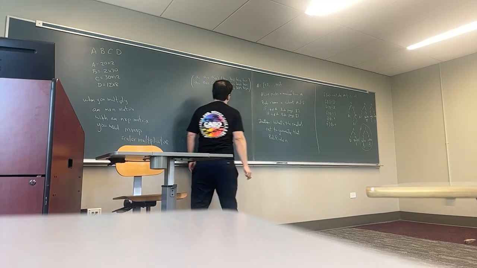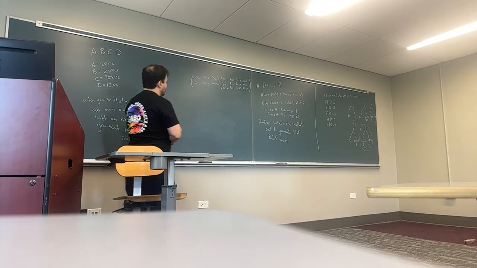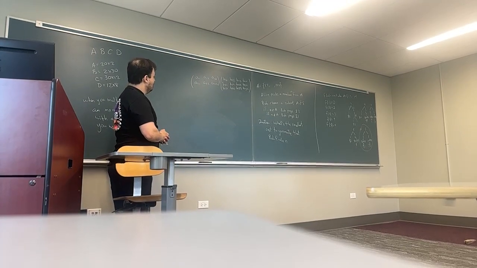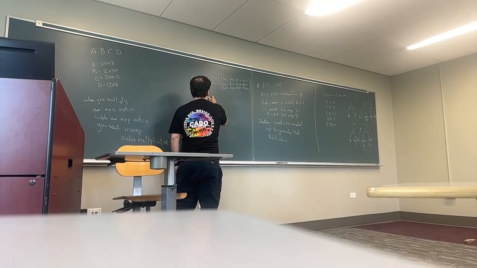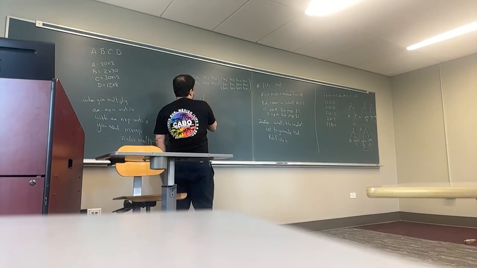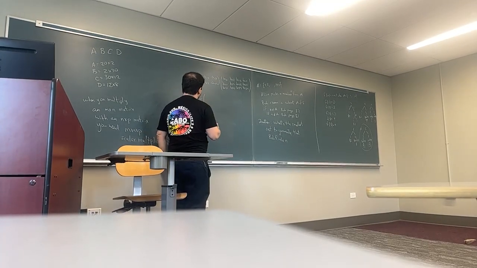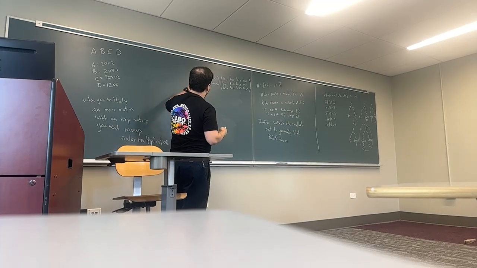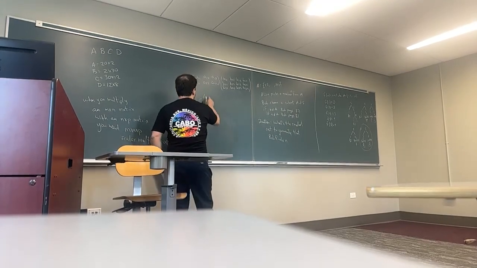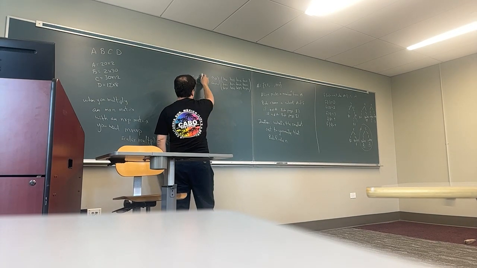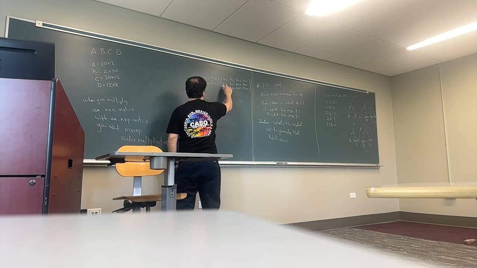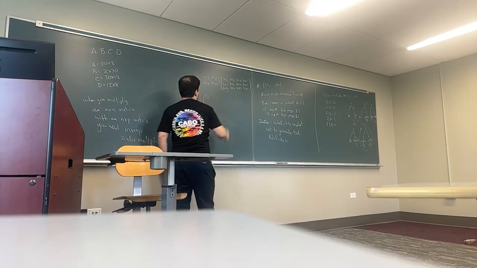Okay, so 3 by 4. So when you multiply this, you're going to get a 2 by 4 matrix. So for this top value, you do the scalar multiplication of this vector with that vector.